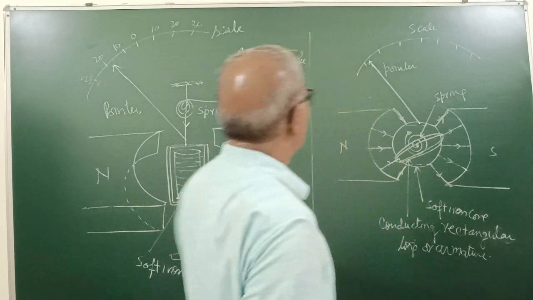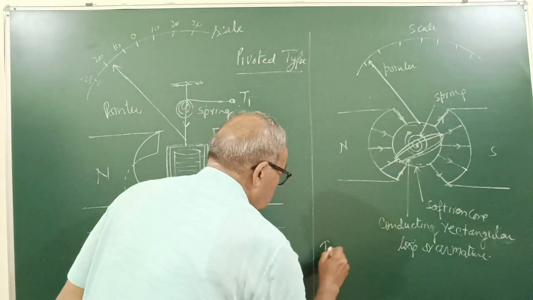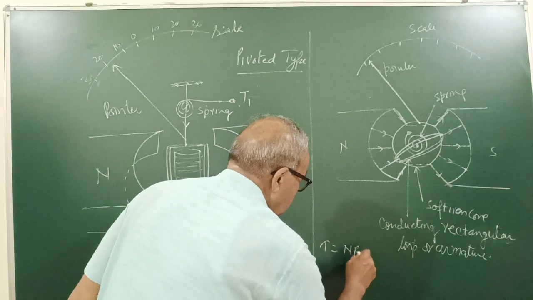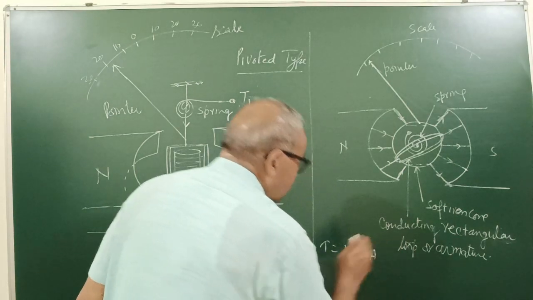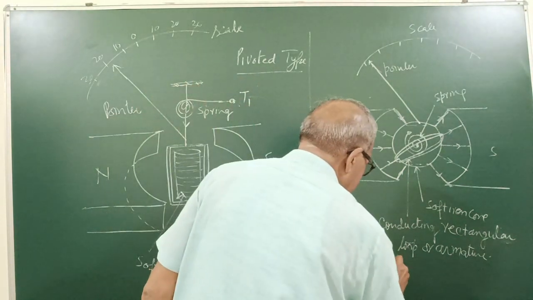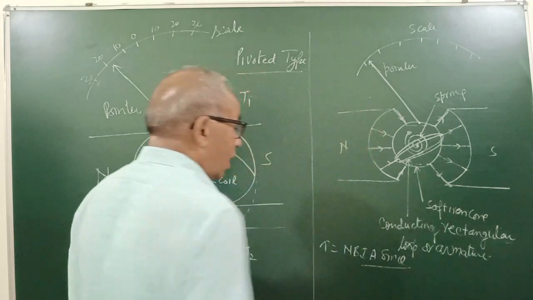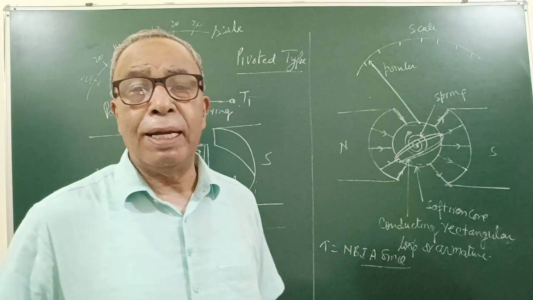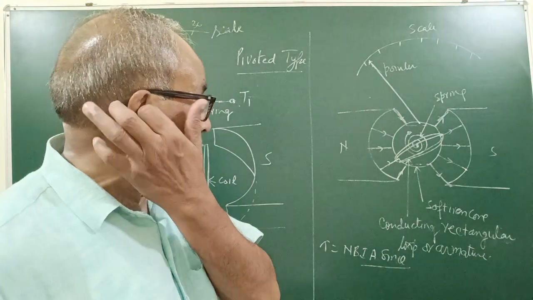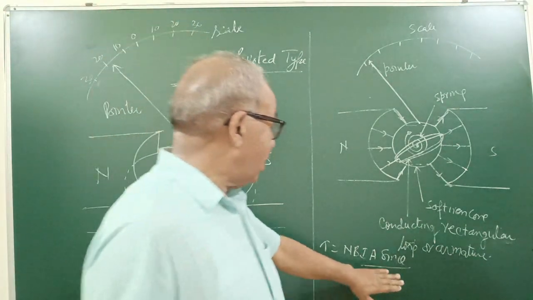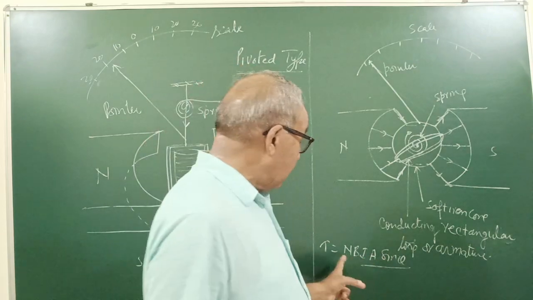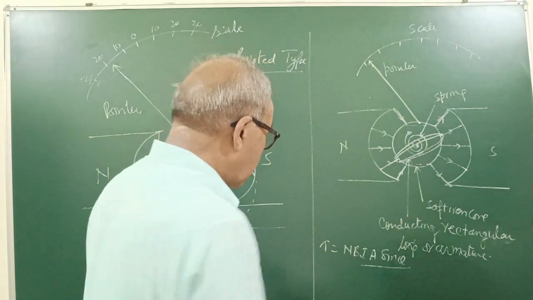I told you the torque is equal to NBIA sin theta, and sin theta is sin 90. Actually that theta here is the angle between the magnetic field and the normal to the plane of the loop.